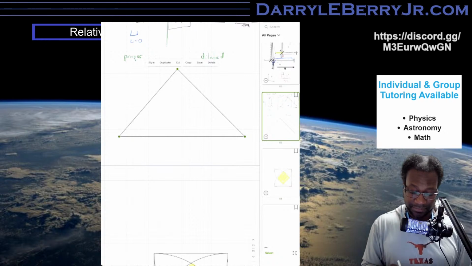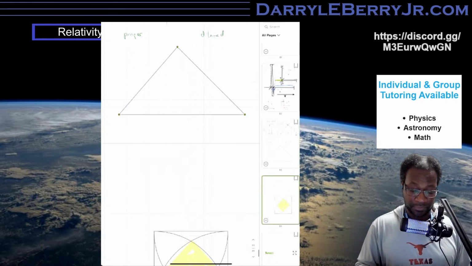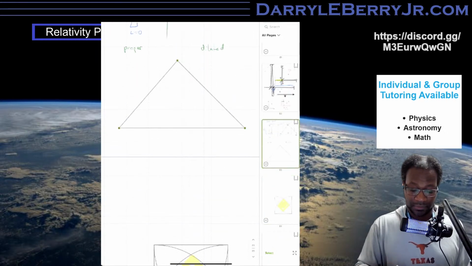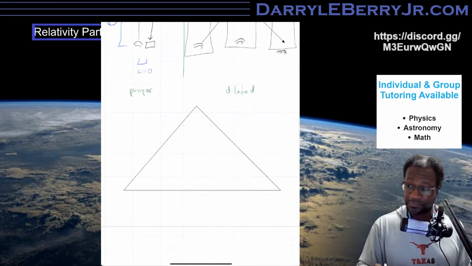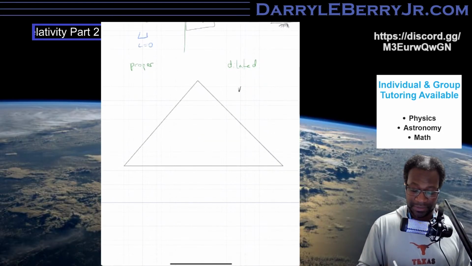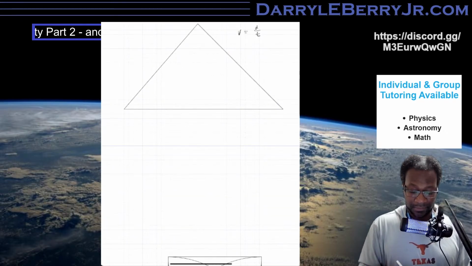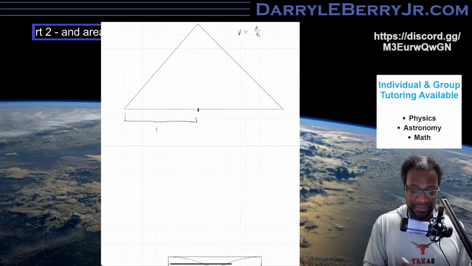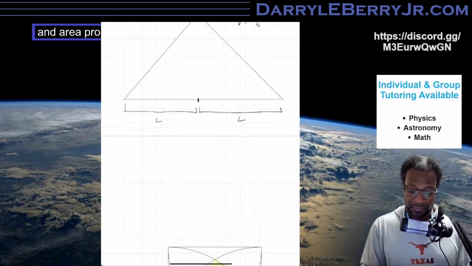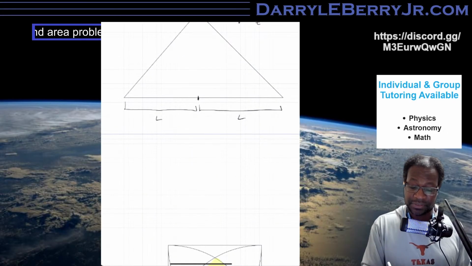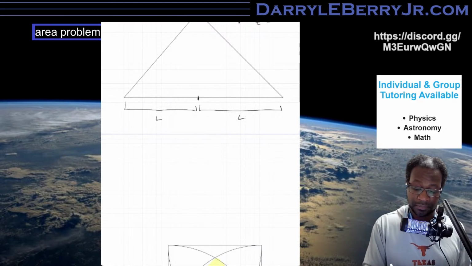And then we apply some basic algebraic and trigonometric scenarios, like for instance, velocity equals distance over time. It's customary or convenient to divide these up into two different distances, L and L. So we can say that the distance here is 2L, and it covers that distance over a certain amount of time.